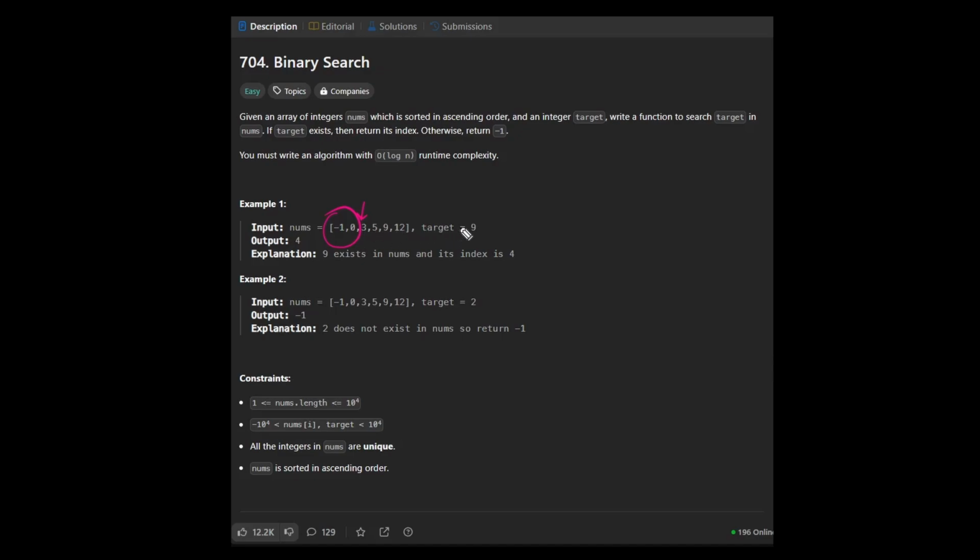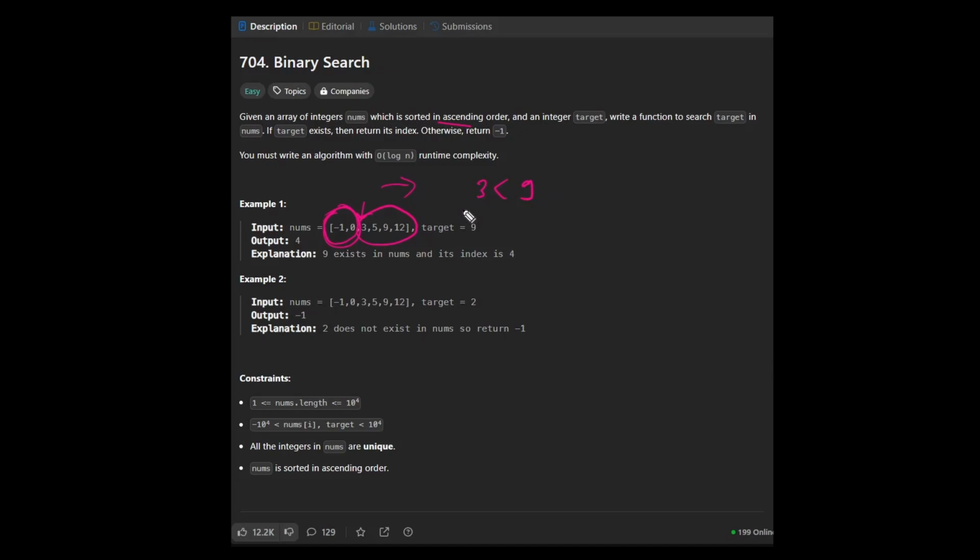No, because 9 is bigger than 3. So you basically reject this part of the array. This part of the array, there will be 9 because 3 is smaller than 9. So there should be 9 after this. This question gives us ascending order, but even in a descending order, we can predict on which side of the array the target would be.